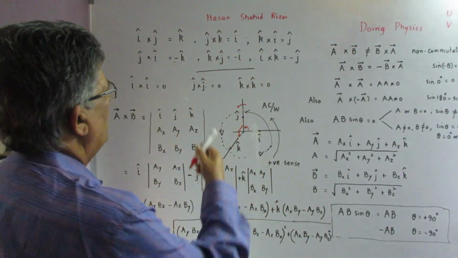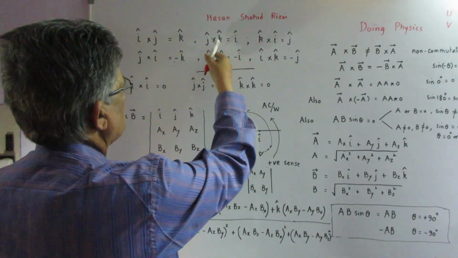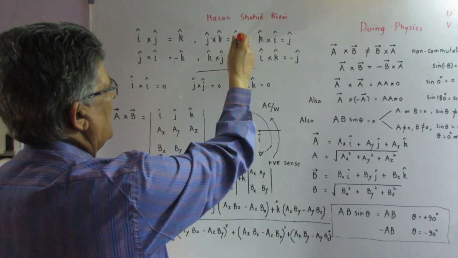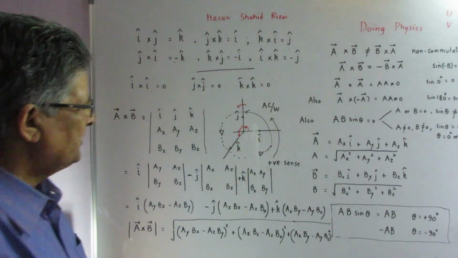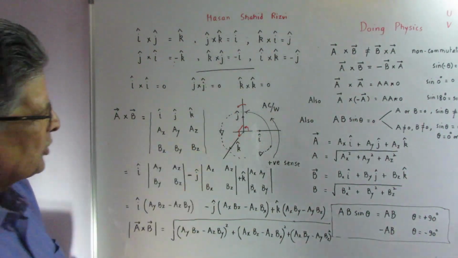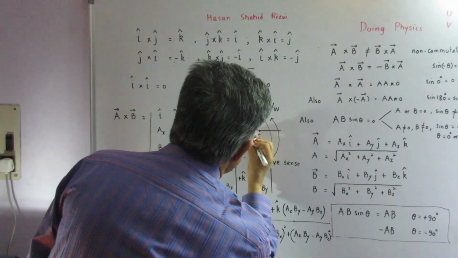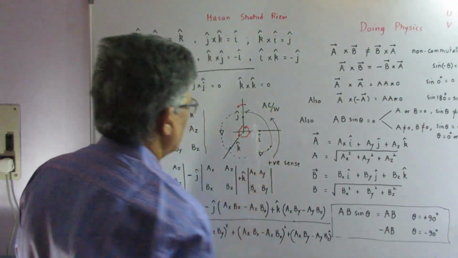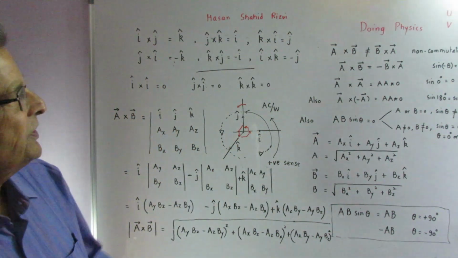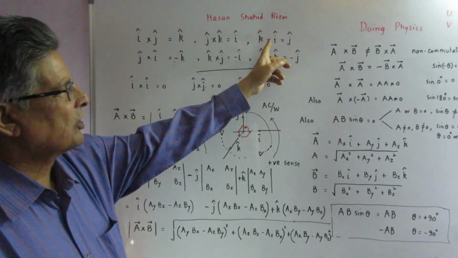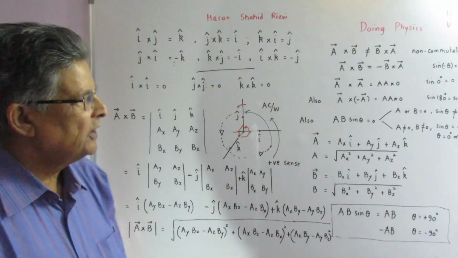So j cross k will be equal to i cap, and similarly when k is rotated through positive 90 degrees, as in the exercise we have done, k cross i will be equal to j cap.